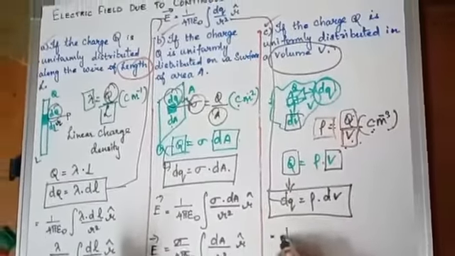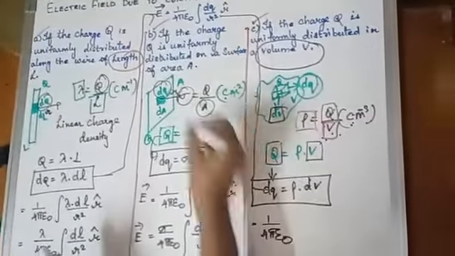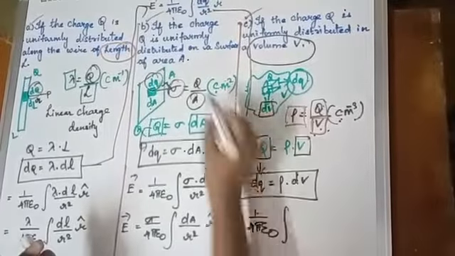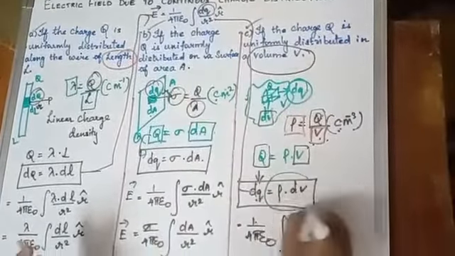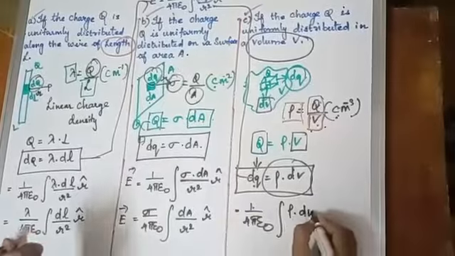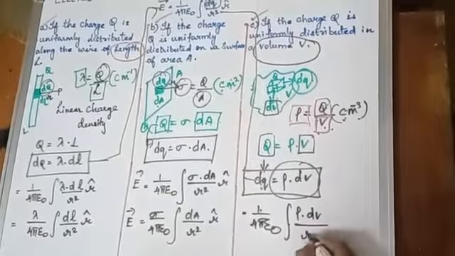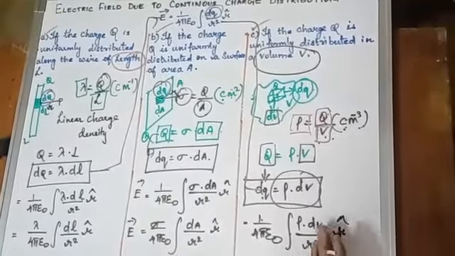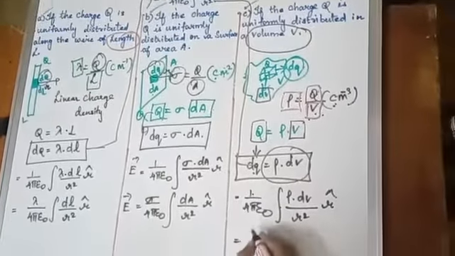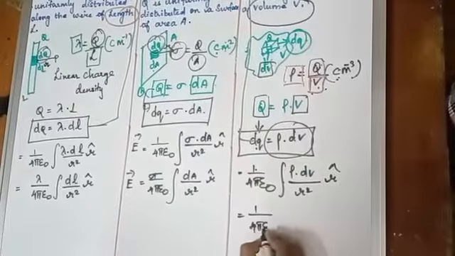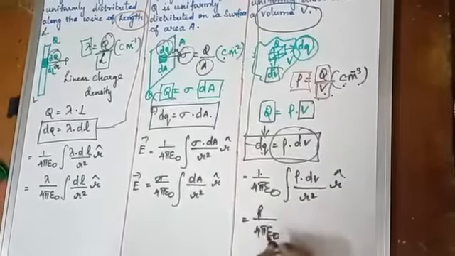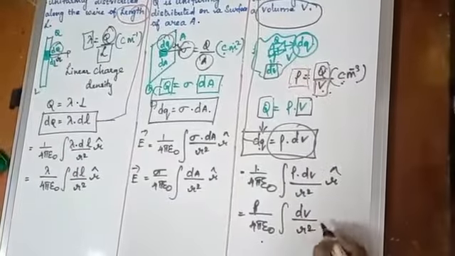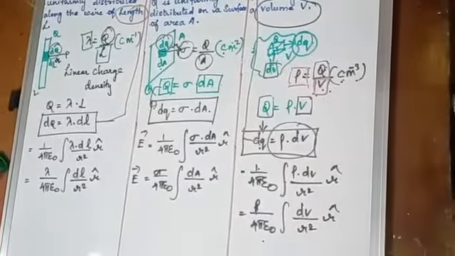So 1 by 4 pi epsilon naught integral of, instead of dQ, rho into dV upon r square r unit vector. Taking all the constants outside, it is rho upon 4 pi epsilon naught integral of dV upon r square into r unit vector.